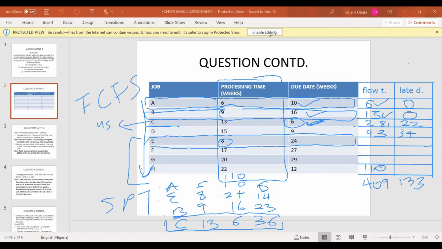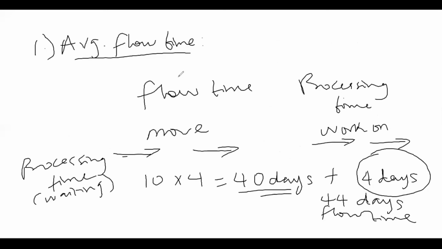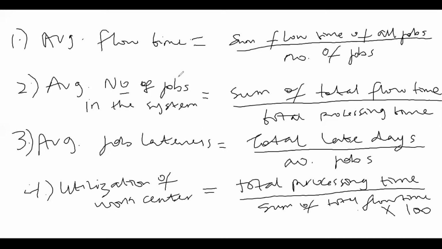So let's move that back to our whiteboard, where we have our formulas. And these are the 4 things we're asked to calculate. So let's take number 1. Let's go back to where I wrote flow time. All right, let's take the first formula, average flow time.